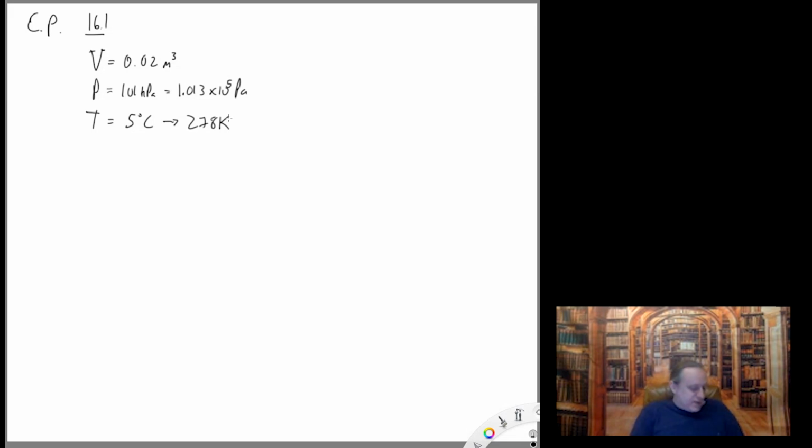Okay. So this says determine its volume if its pressure is increased to 108 kilopascals. So this is going to be volume 1, pressure 1, and temperature 1.